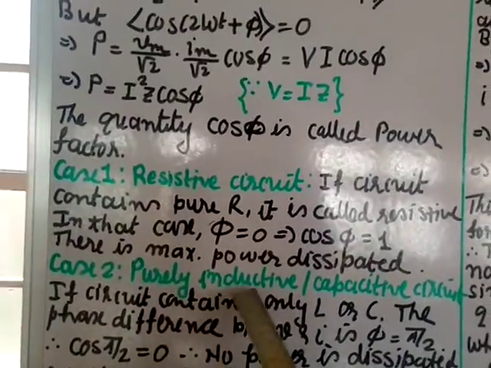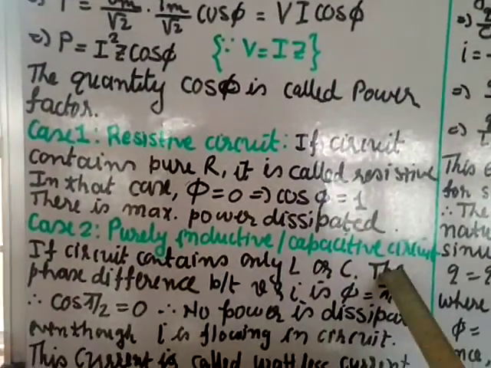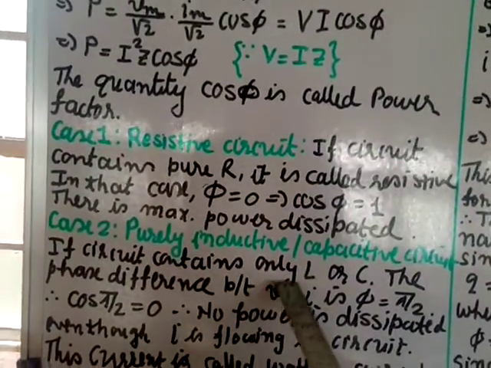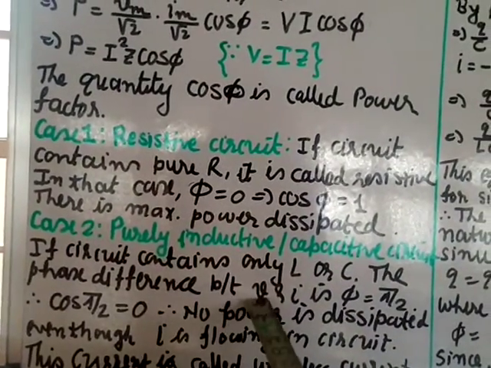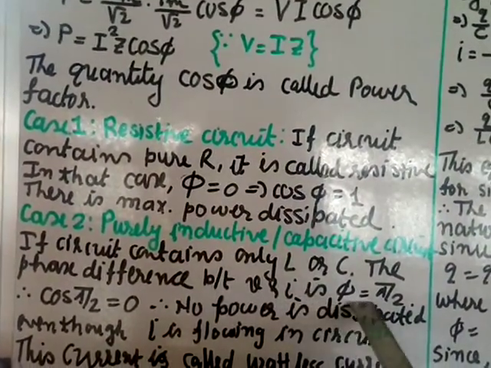Case 2, purely inductive or capacitive circuit. If the circuit contains only an inductor or capacitor, the phase difference between voltage and current is φ = π/2.